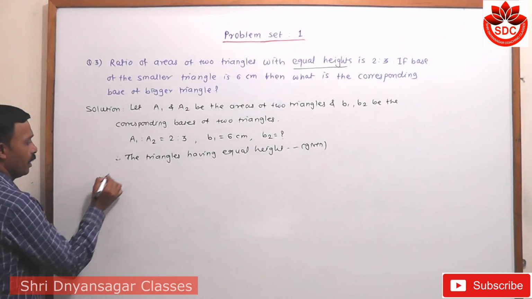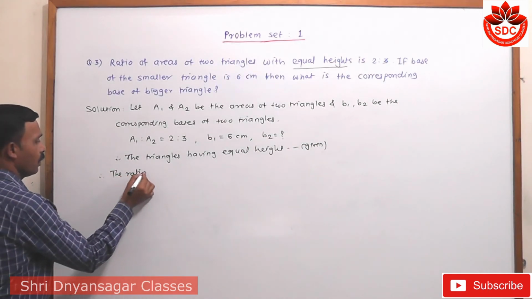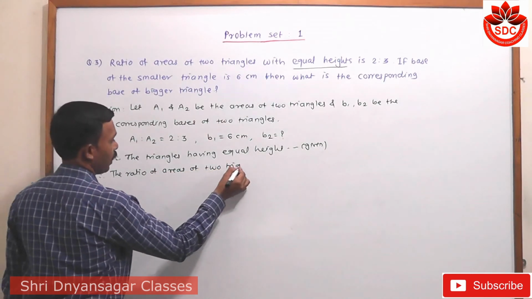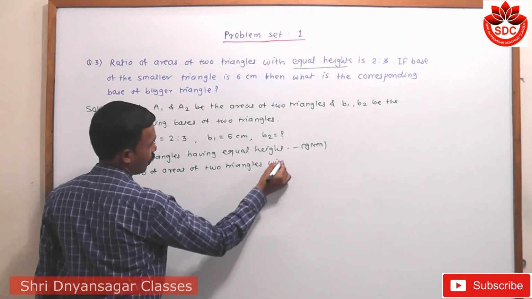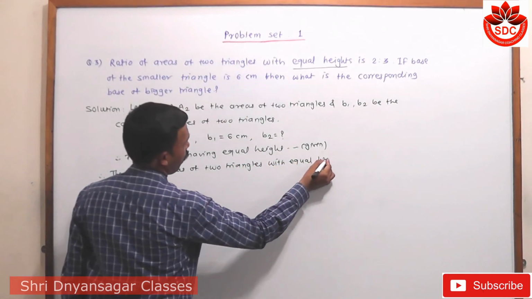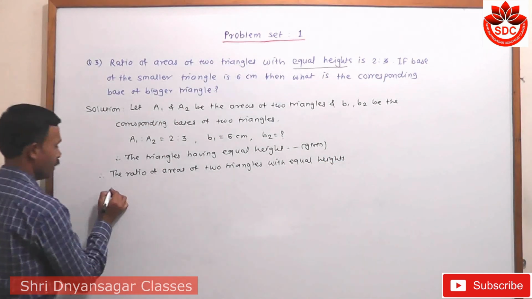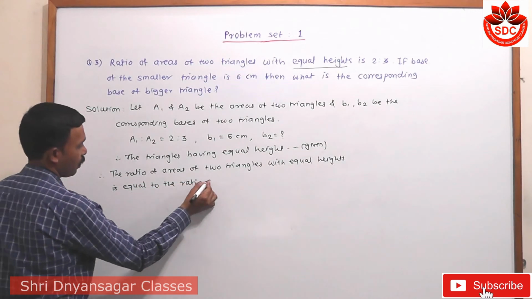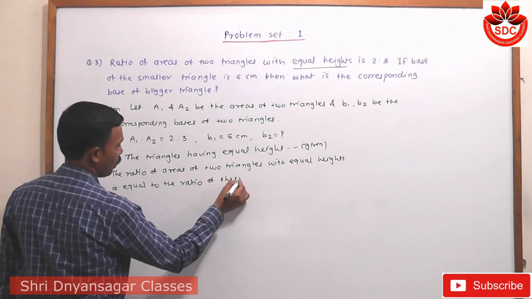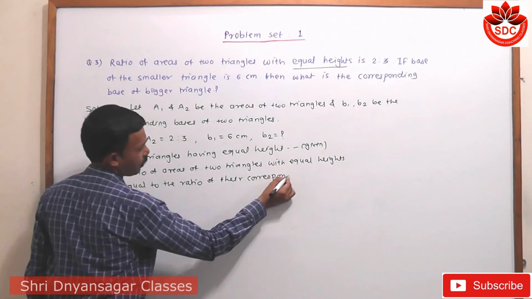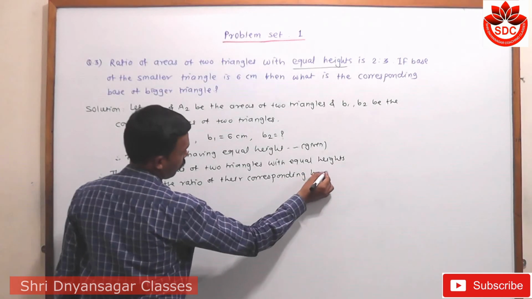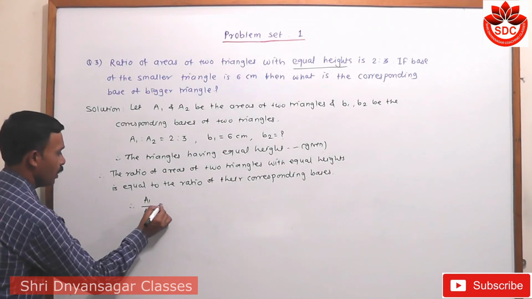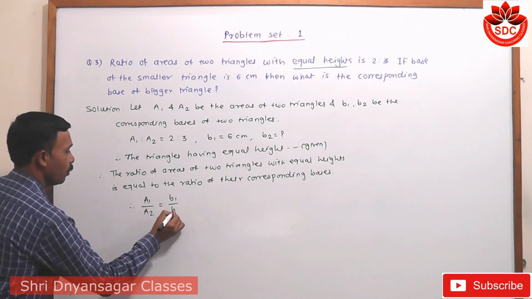Therefore, we know that the ratio of areas of two triangles with equal heights is equal to the ratio of their corresponding bases. So by using this property, we write here A1 upon A2 is equal to B1 upon B2.